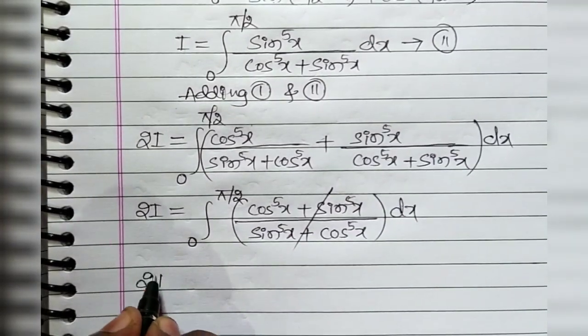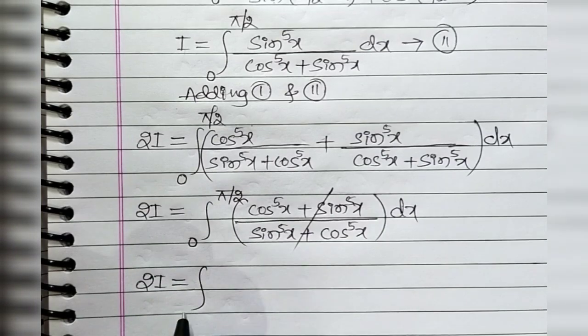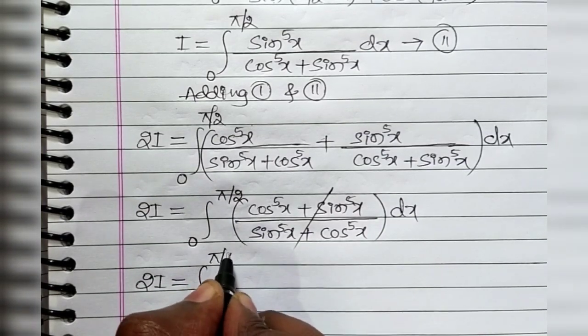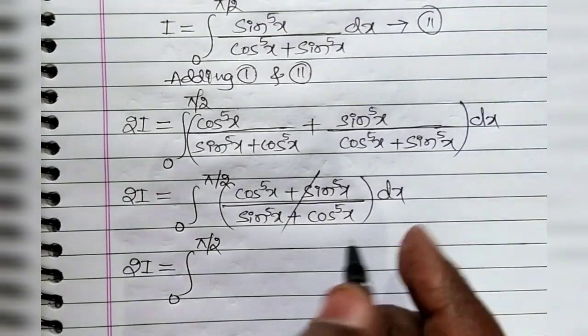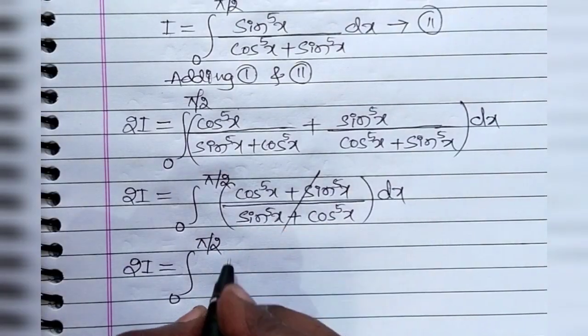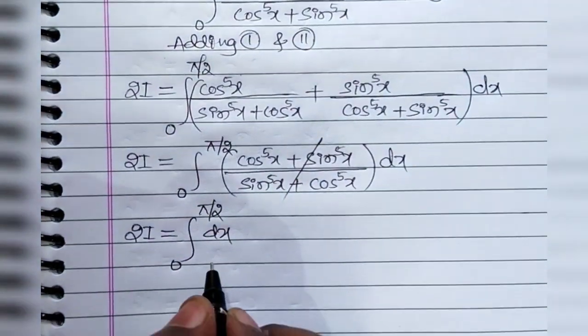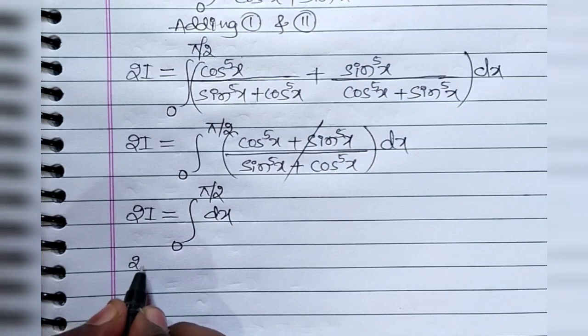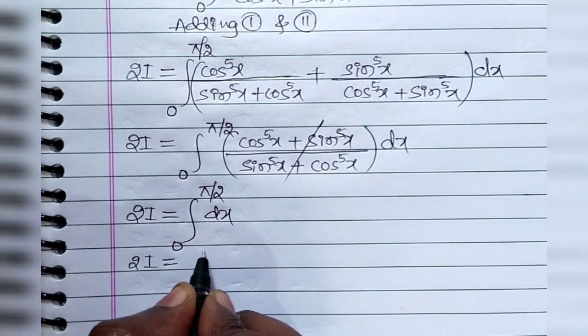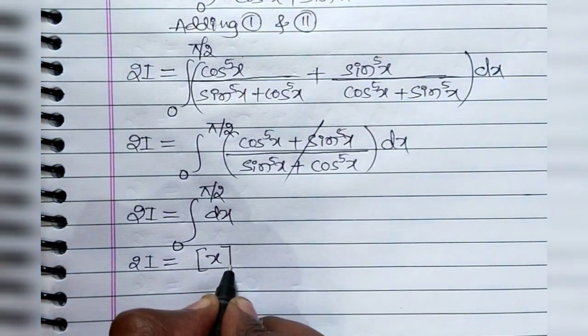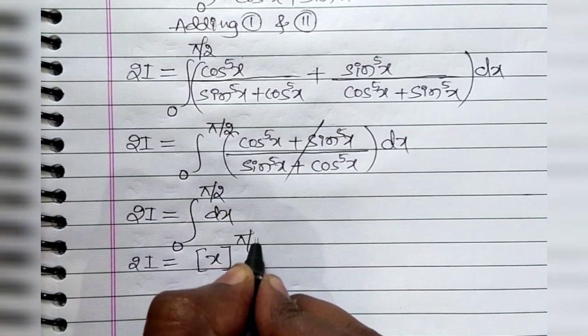2I is equal to the integral from 0 to pi by 2. Then here we have 1 into dx, it is dx. So integration of dx will be x. 2I is equal to x from 0 to pi by 2.